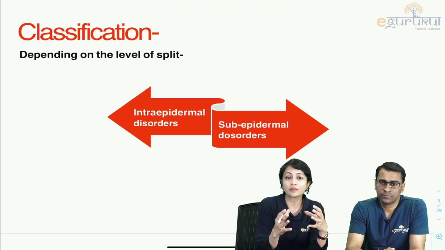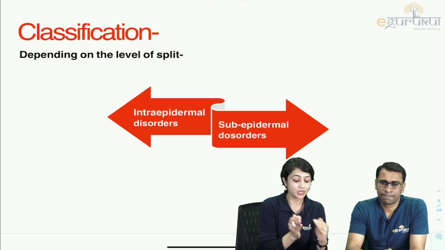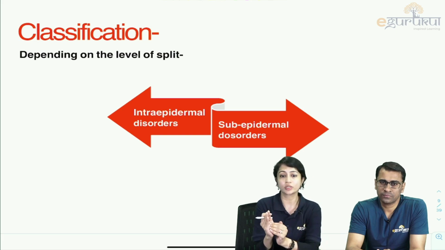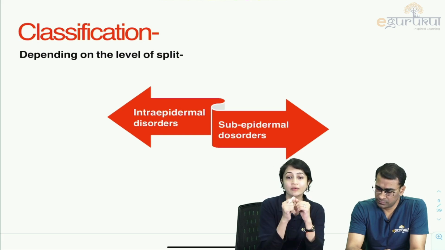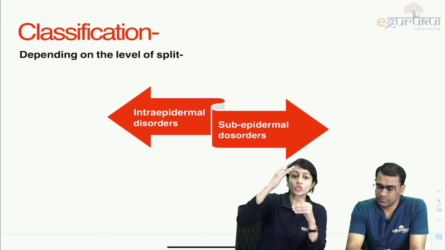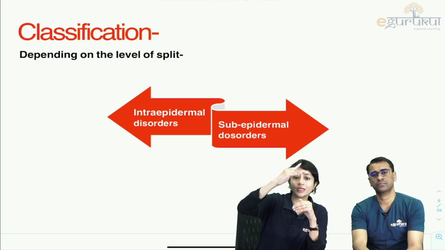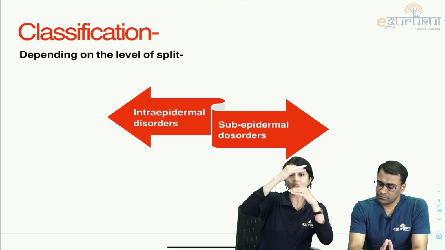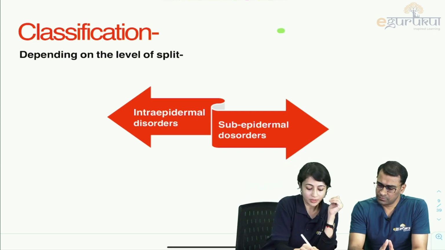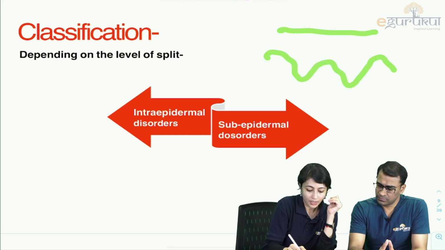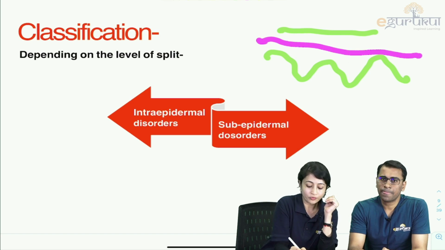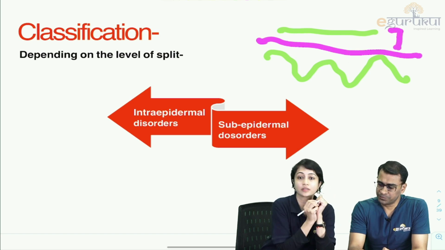So when a question comes to you based on the clinical and histopathological findings, you have to differentiate them broadly as intraepidermal or subepidermal. Now understand, in an intraepidermal disorder the split is happening within the epidermis. Consider this is my epidermis and I am having a split here, so the roof of the blister is just this.